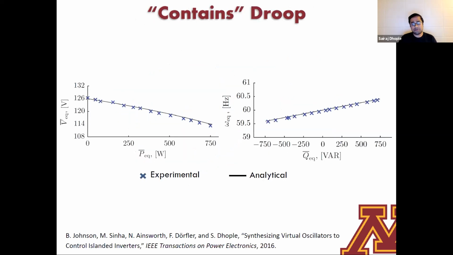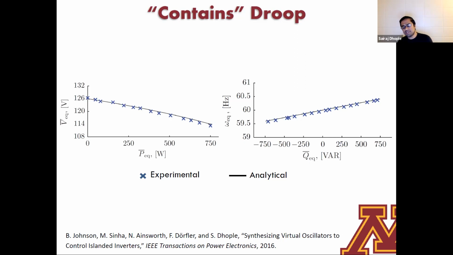And we've run experiments and we've characterized the steady state behavior of this nonlinear method. Here's a quick set of experimental results where, again, the oscillator was tuned to give you linear, or close to linear, trade-off between voltage and real power, frequency and reactive power. What's shown here are experimental results from a particular realization and analytical curves that were generated by looking at the dynamics of these oscillators in steady state.